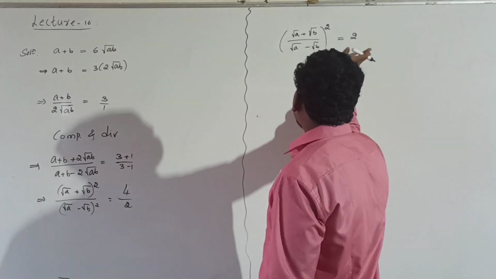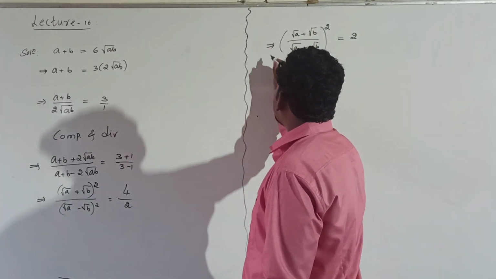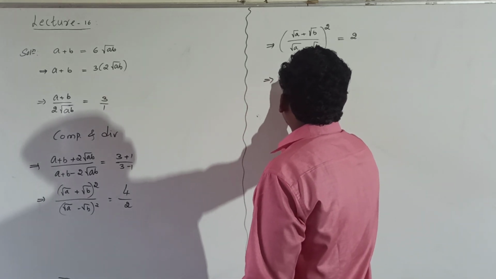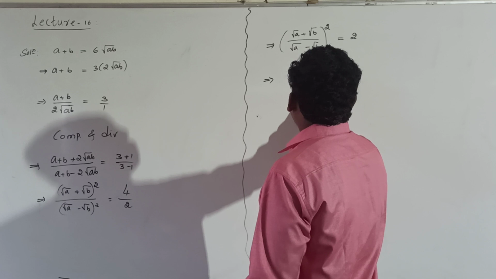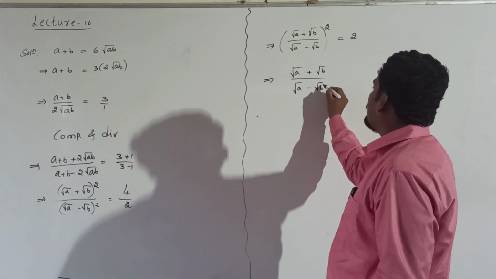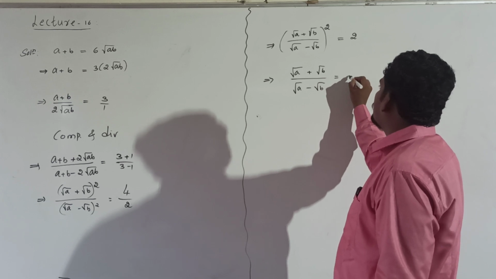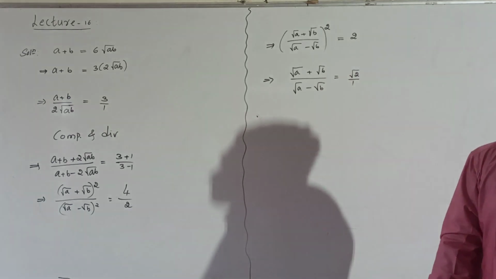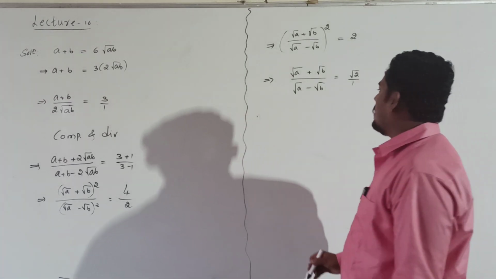It is like x square equal to 2, then x is square root of 2. Then square root of a plus square root of b divided by square root of a minus square root of b is equal to square root of 2, or square root of 2 divided by 1.